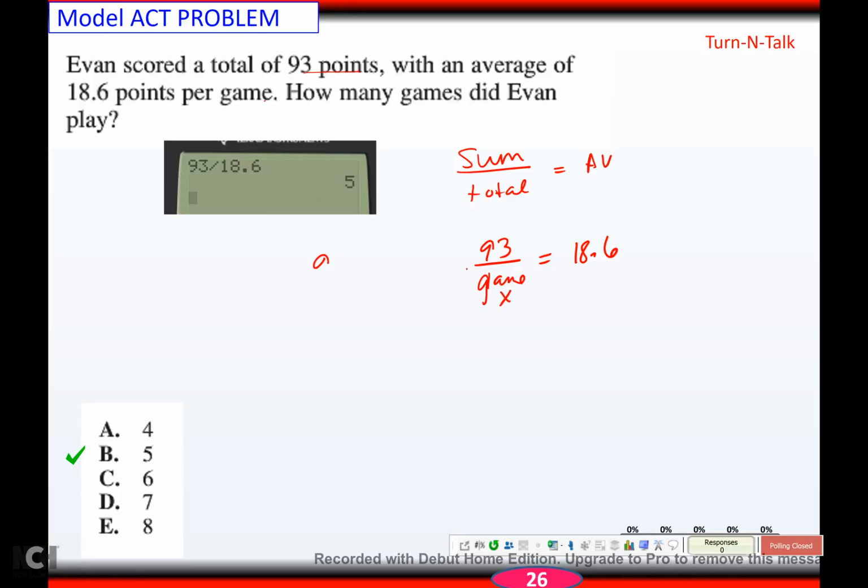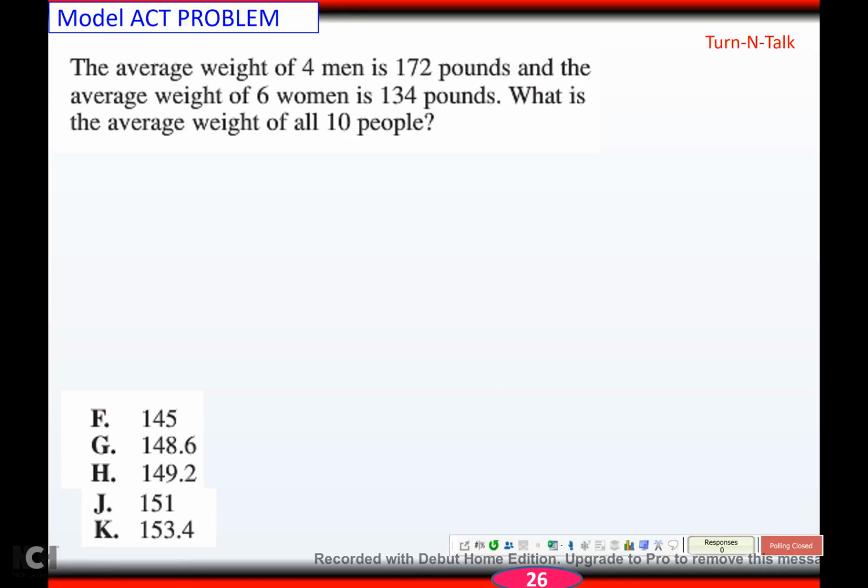That's your x. So to get x alone, I'm going to multiply both sides by x. I get 93 equals 18.6x. So I divide by 18.6. And I get 5. Try this one, hit pause, come back when you're ready.